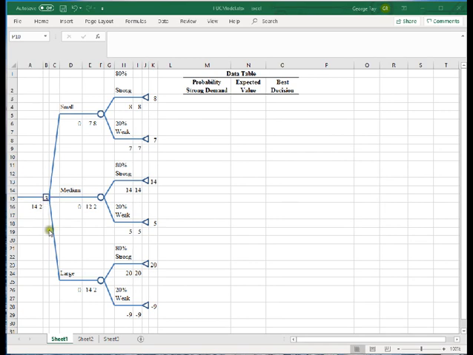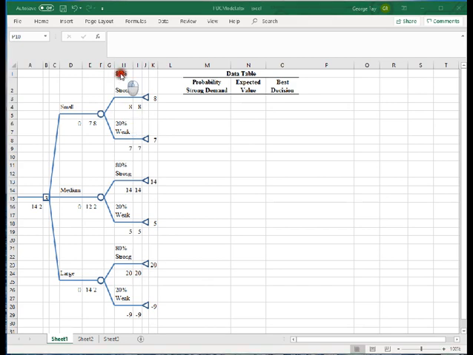From our decision node, we've got 3 branches coming out of it: large, medium, and small. Each one of them faces a chance event, or a chance node, and that's going to have a probability associated with the 2 states of nature. We've got a strong demand and a weak demand.